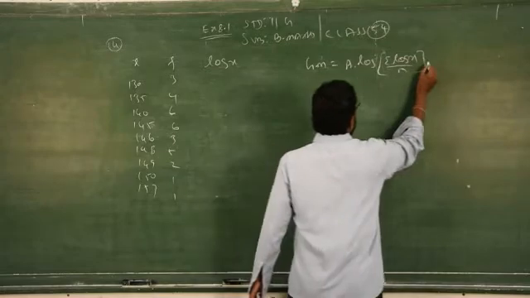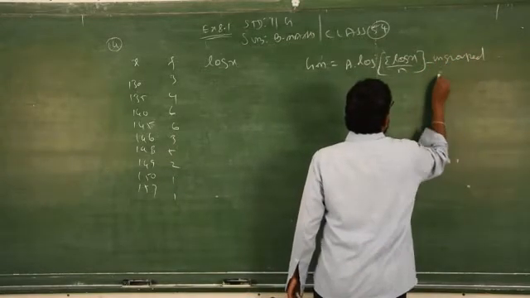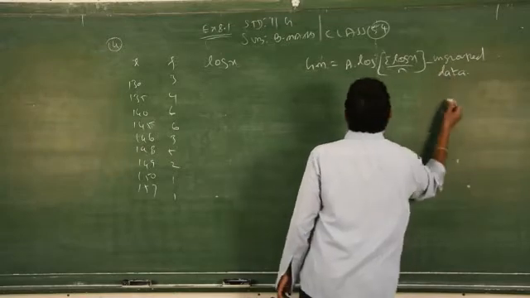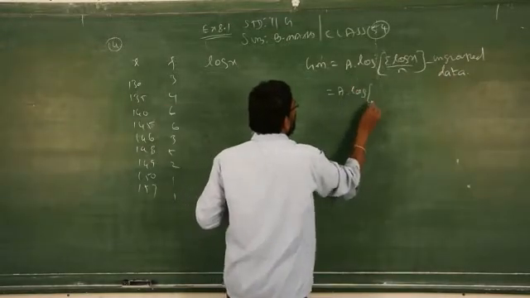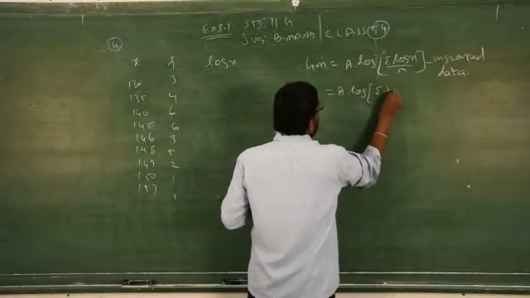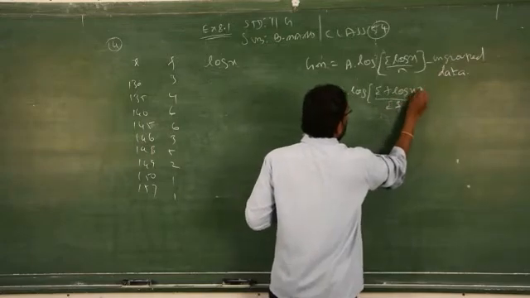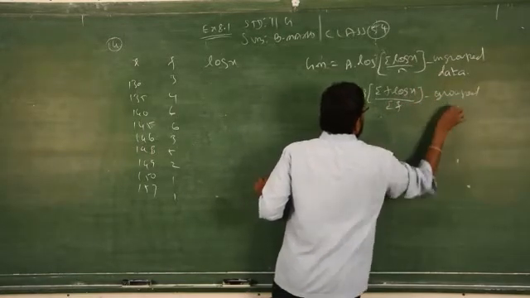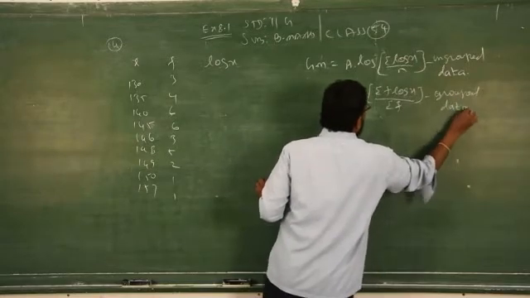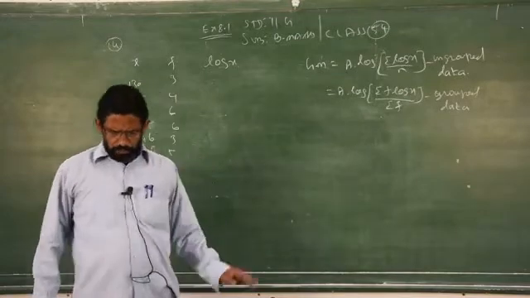This is for ungrouped data. For this type of model, GM equals the anti-log of summation f into log x by summation f. This is for grouped data. This formula is suitable even for continuous data also.